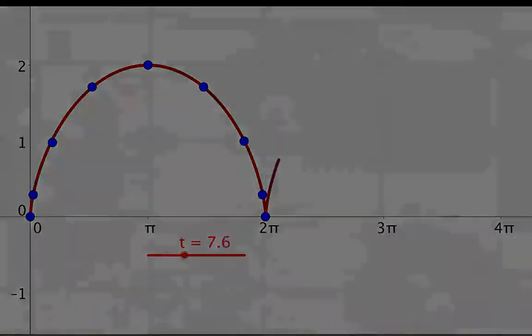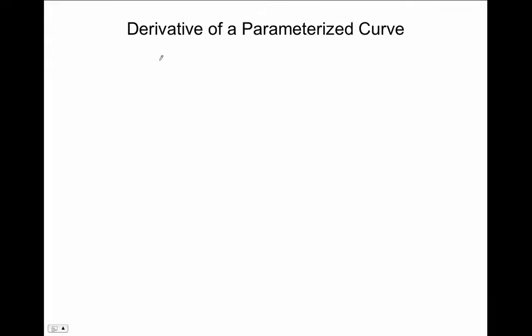Now that we've plotted a number of parameterized curves and seen how different they are, we can ask, how do you calculate the slope dy by dx? Here, let's remember that x is a function of t, y is a function of t, and y certainly depends upon t, but it depends upon t through x.